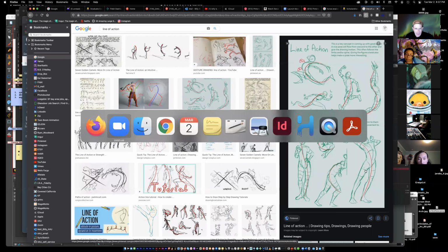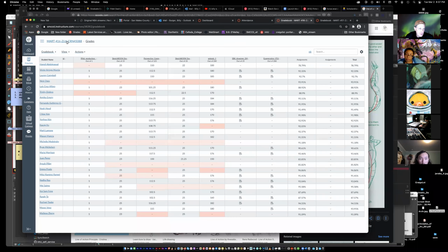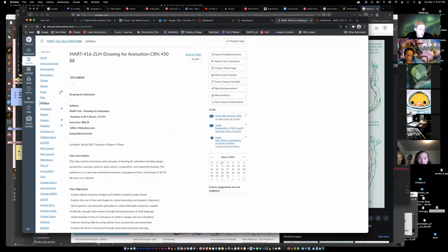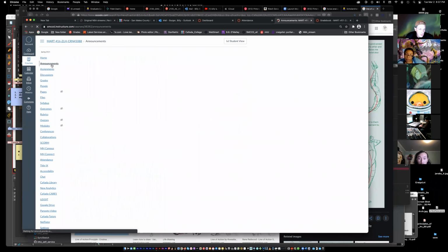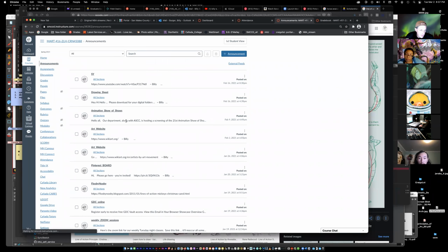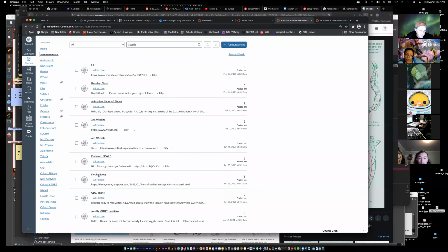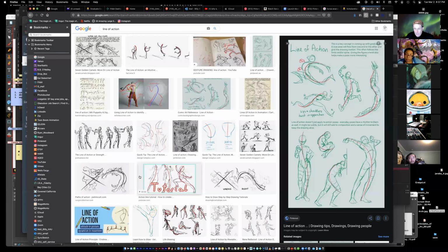Let me tab back over to our site for just a second, our class. And I just want to make sure that I put in the Flooby Newbie right here. And remember, I went over that before about how to really look at the line of action. But now we're going to be using it. And so what I want from you is 10 drawings of a character that are just the line of action and a few indications of where their volume is going to be.